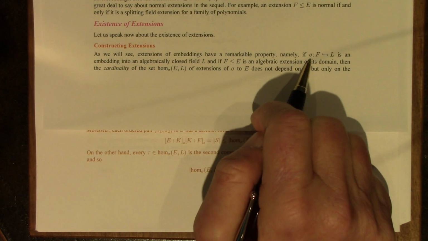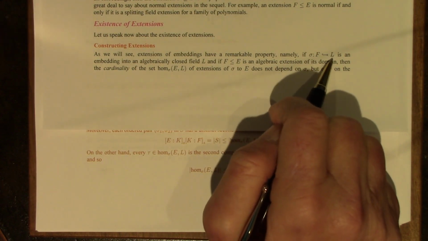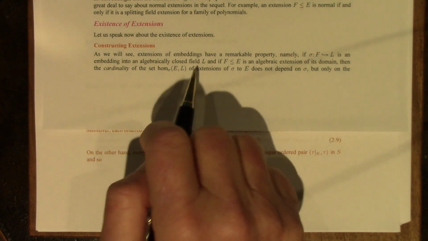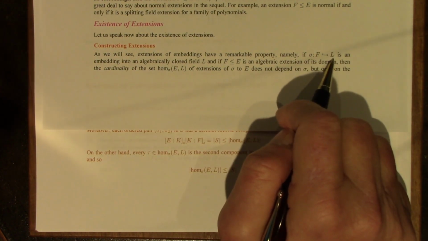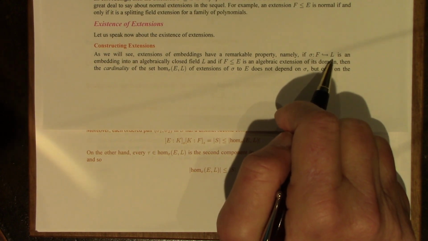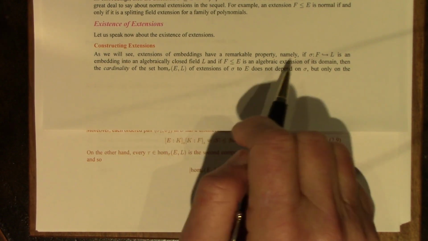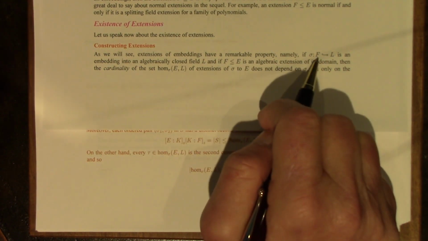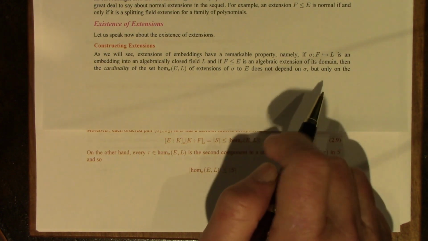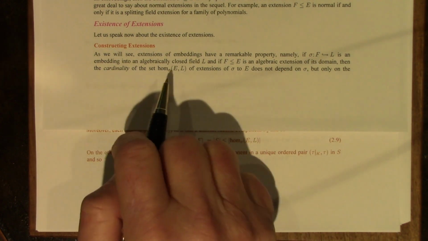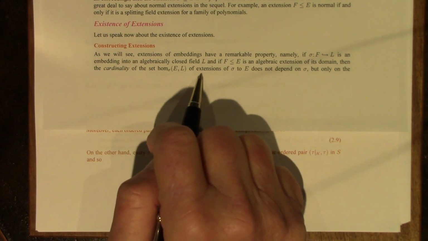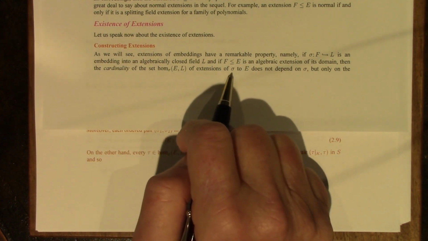Namely, if sigma is an embedding of F into L, and L is algebraically closed (in our discussion, the codomain will always be algebraically closed), and if E is an algebraic extension of the domain F, then the cardinality of the set of all extensions of sigma to the bigger domain E doesn't depend on sigma.